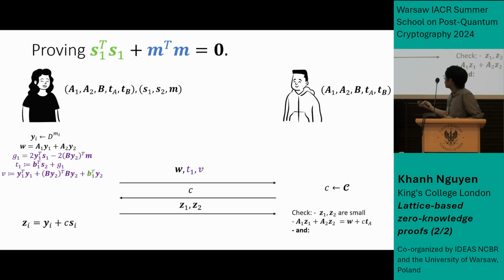Then the verification checks are the same. So checking that ZIs are short, A1 Z1 plus A2 Z2 is equal to W plus CTA. So that's all the opening proof.